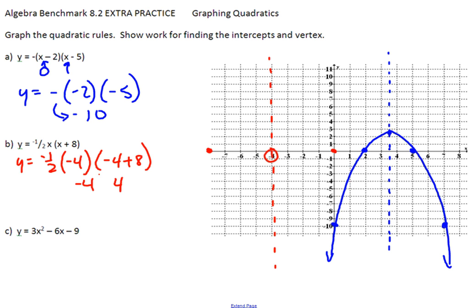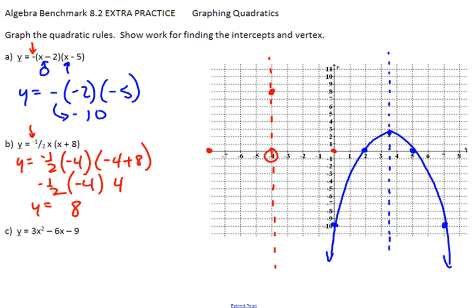That's 4. And then this is negative 16 times negative 1/2 is 8. Or if you just want to do half of 4 is 2, and then negatives cancel. 2 times 4 is 8. So my y value at that point is 8. So at negative 4, I go up 8. There's my vertex.